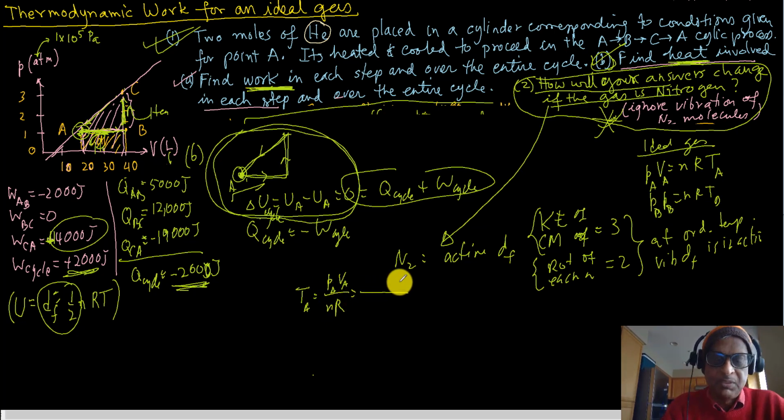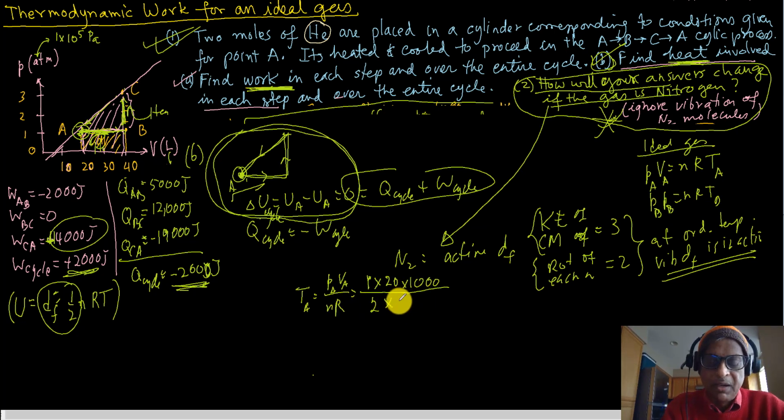It says to ignore the other part, so let's see, PA was 1, and that was 20 times 100, to make it joule, and N is 2 moles, and then R is 8.31 in terms of SI unit.